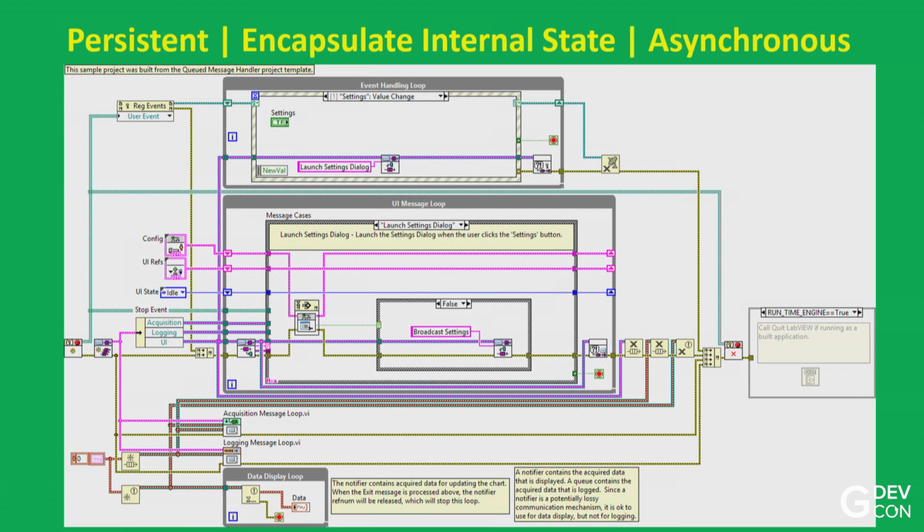And after a bit of research as to how the programming community as a whole, not just within our LabVIEW world, would describe this sort of design pattern, so not just a queued message handler, but we have persistent modules. Our modules encapsulate internal states, and all of these modules are asynchronous.